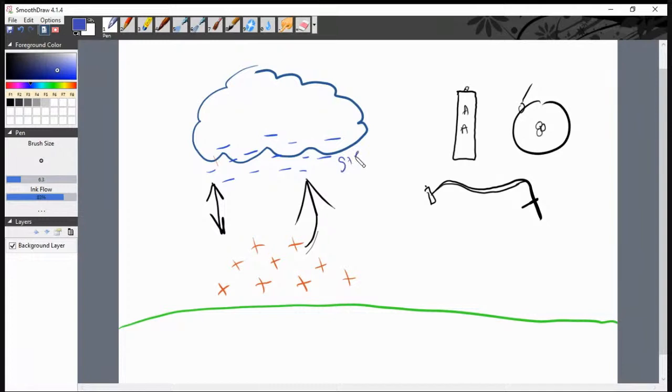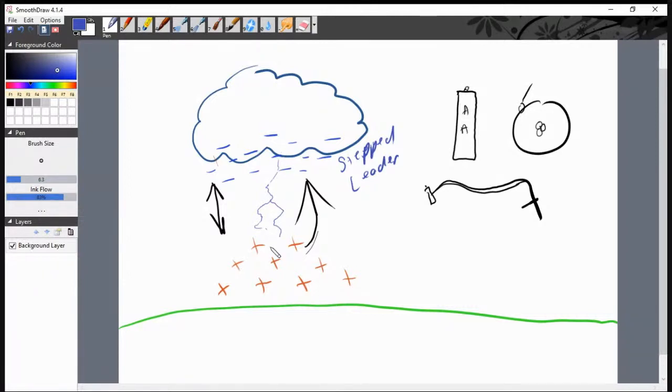Remember what they said was that the first thing that happens in most cases is that a stepped leader starts, and it's a really jerky pattern. It happens so fast that you can't see it.